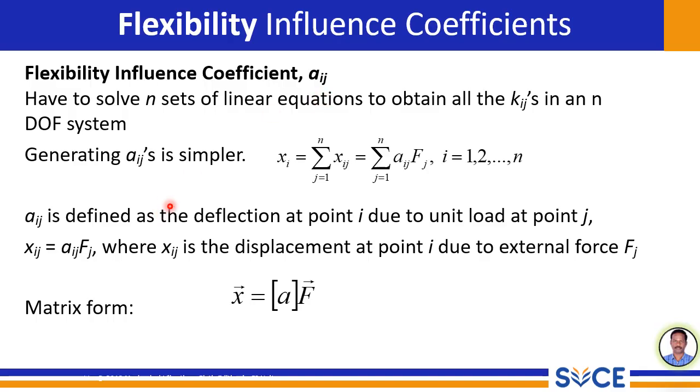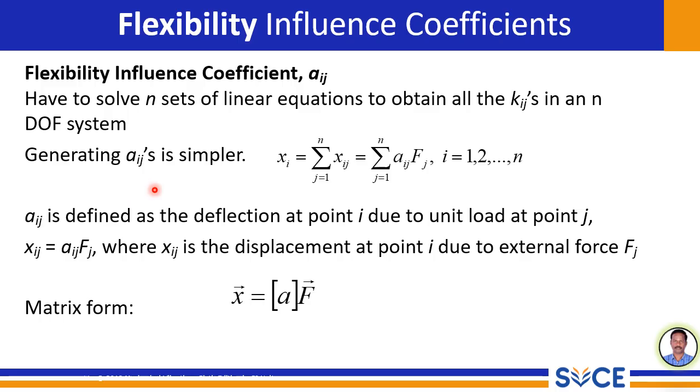This is because, by definition, when we apply a unit load at point j, the resulting displacement at point i is directly the flexibility influence coefficient.